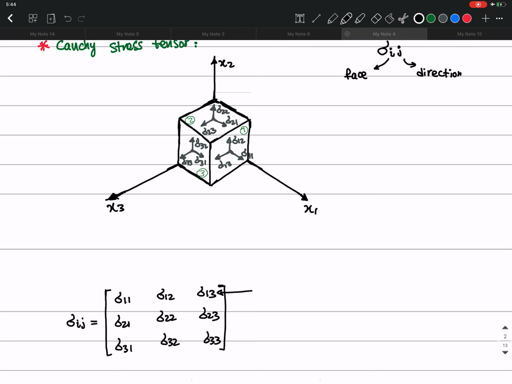So this row shows all stresses acting on the fluid particle's phase 1, right?